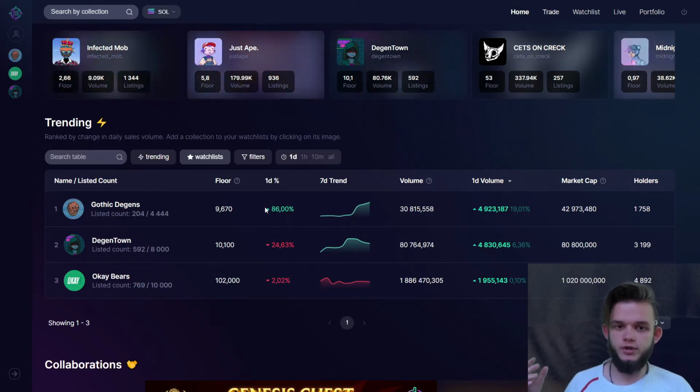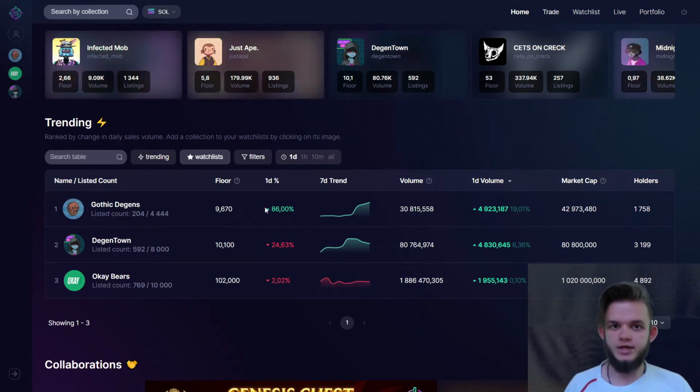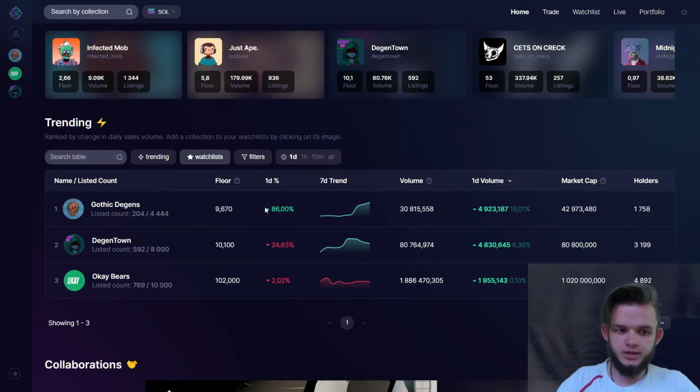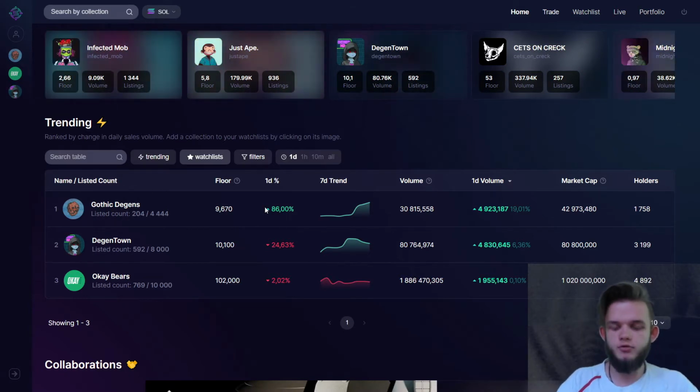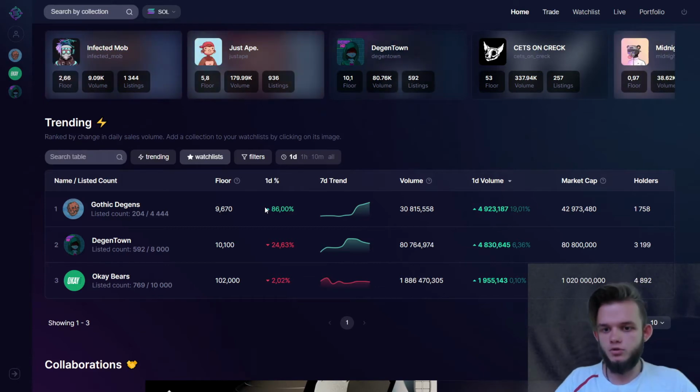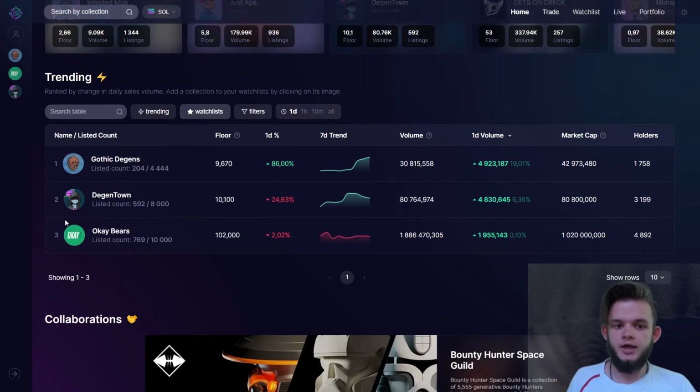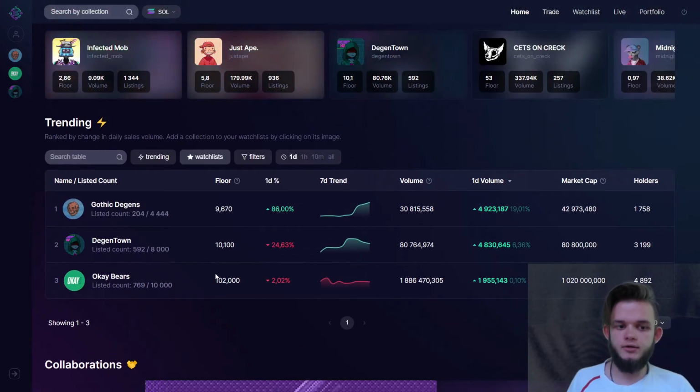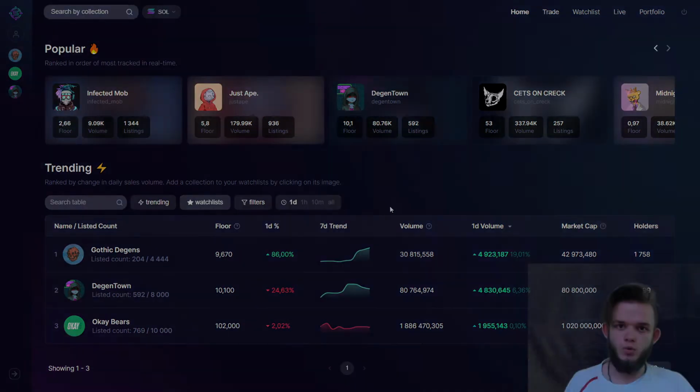You do not go into Magic Eden or any other website checking all the collections, writing down to go check the GANs, then digging into the Nuki Bears, looking at what's going on, what's not going on. You just go to this website and you see all of that. This could be the collections you're looking for, your portfolio, mixed or whatever. You can do it as you want.